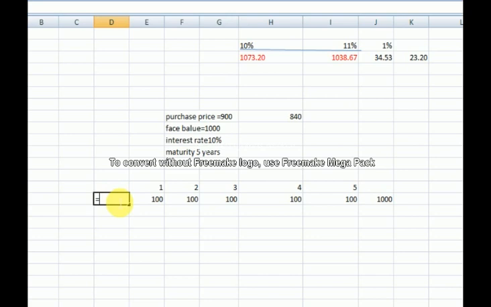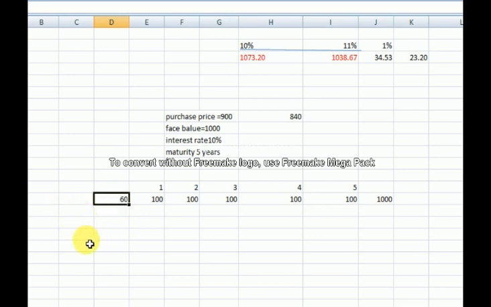I purchased at 900, but I sold this at 840. So how much is my loss? On 900 I purchased, minus 840 I sold. So $60, this is a capital loss to me.